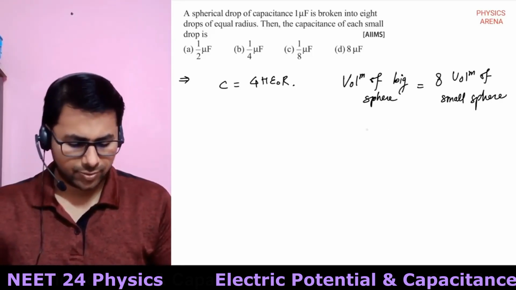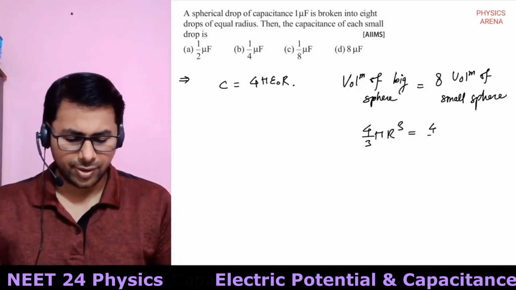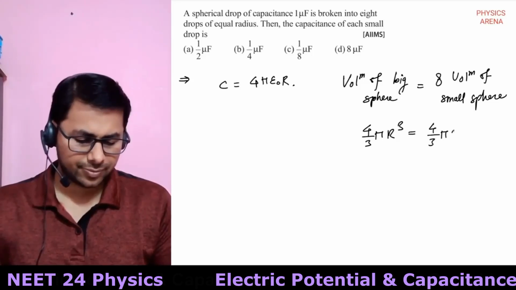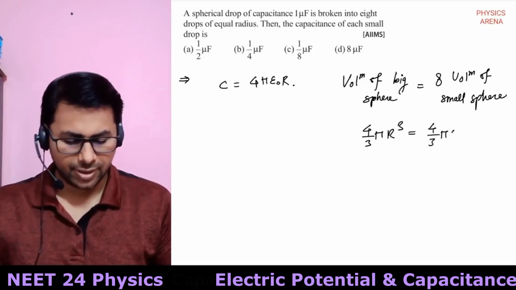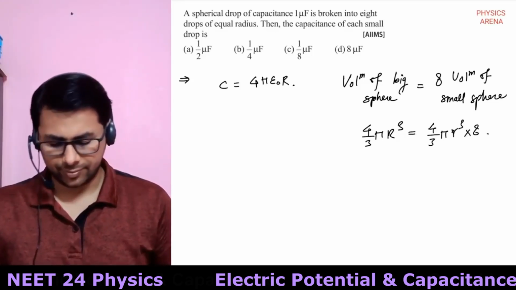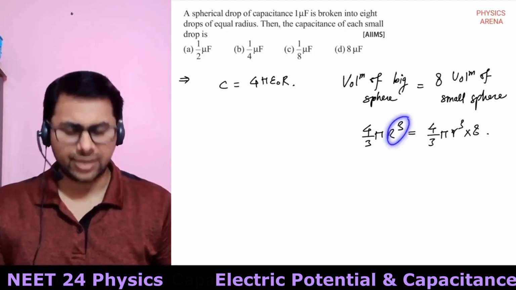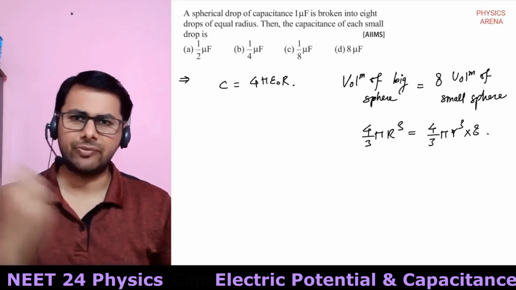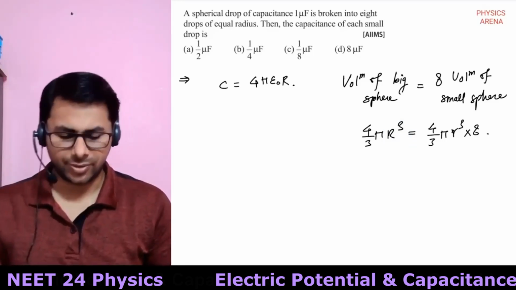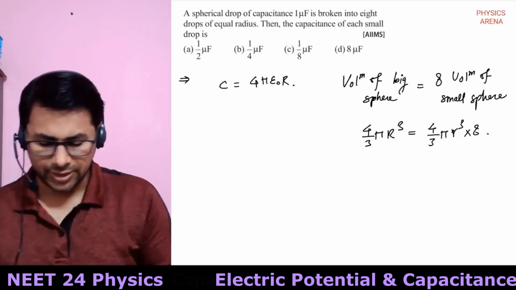So 4 by 3 pi R cube equals 8 times 4 by 3 pi small r cube. Volume is directly proportional to r cube, so you can directly start from r cube. Capital R cube is equal to 8 times small r cube. Whatever number is given, you can start with that.